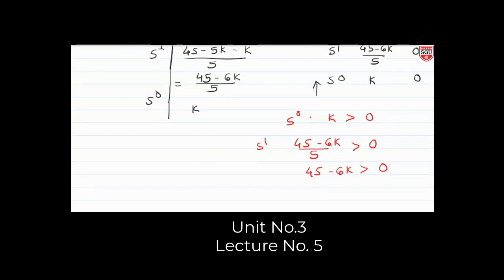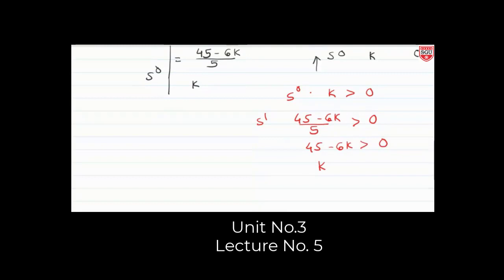So altogether, what will you get as the answer? K should be 45 divided by 6, that is, 7.5.